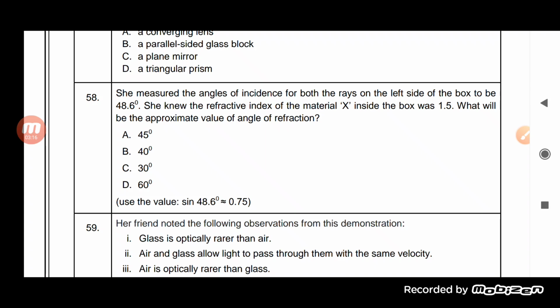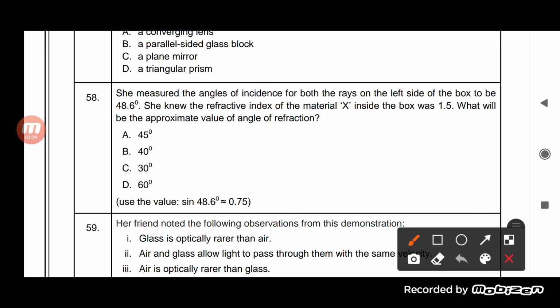So in this question, the angle of incidence is given, and that is 48.6 degree. The refractive index of the material X inside the box is also given, and it is 1.5. We have to find the angle of refraction.